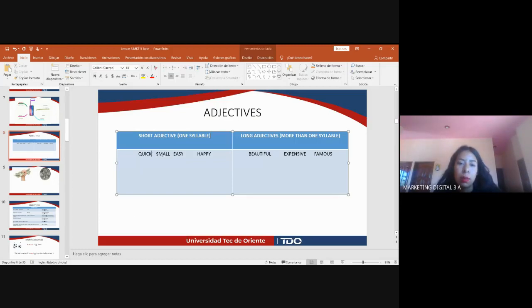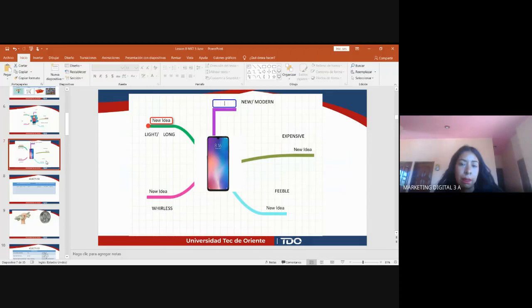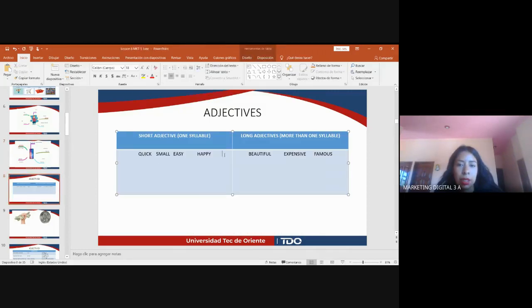So quick, small, easy, and happy are adjectives that have one syllable. Beautiful, expensive, famous are adjectives that have more than one syllable. So, taking into account the previous examples that we had, we are going to categorize those adjectives into long or short adjectives. So we have quick, small, easy, and happy.